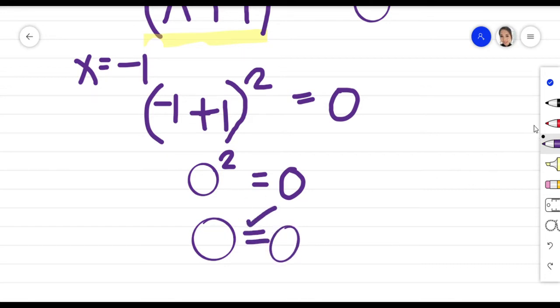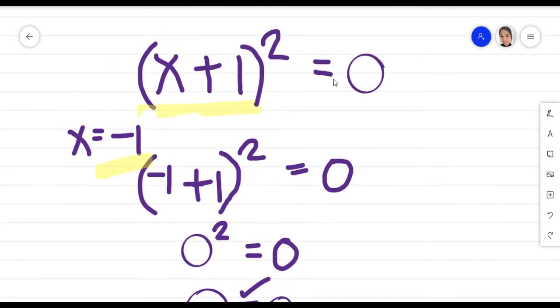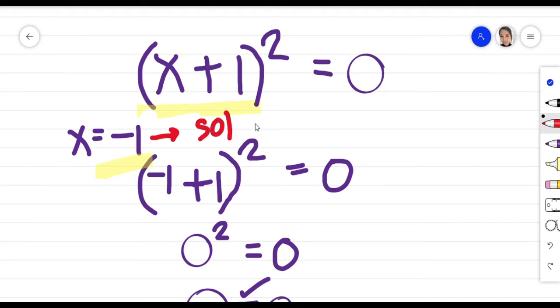Now, since the last part of our computation is true, it means that x equals -1 satisfies our quadratic equation. And it means that x equals -1 is a solution or a root.